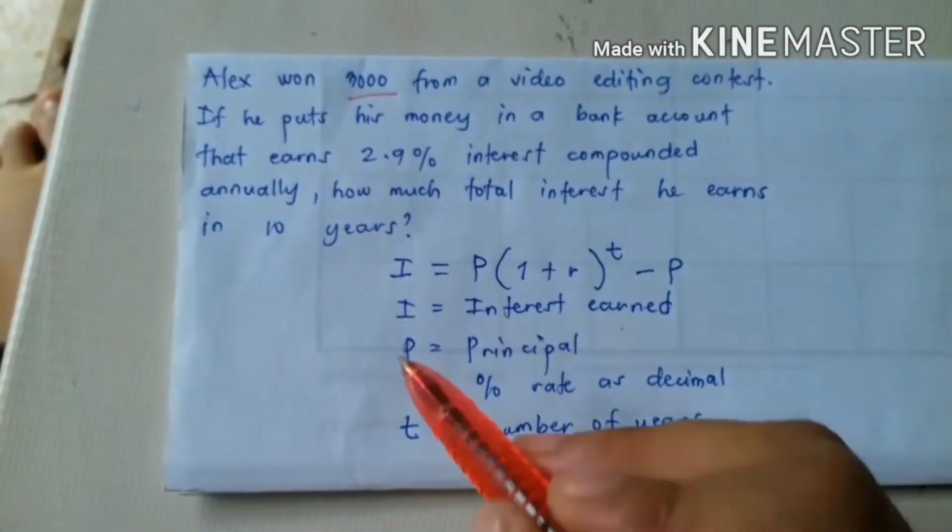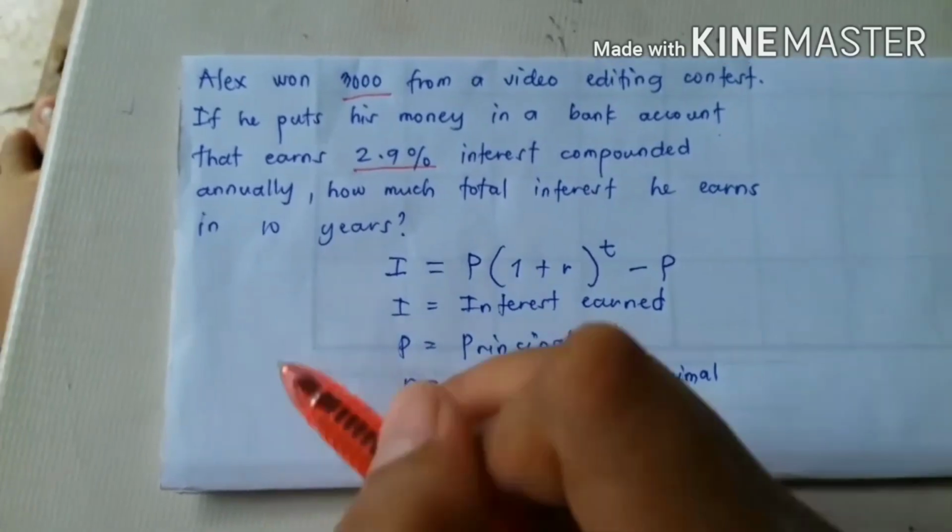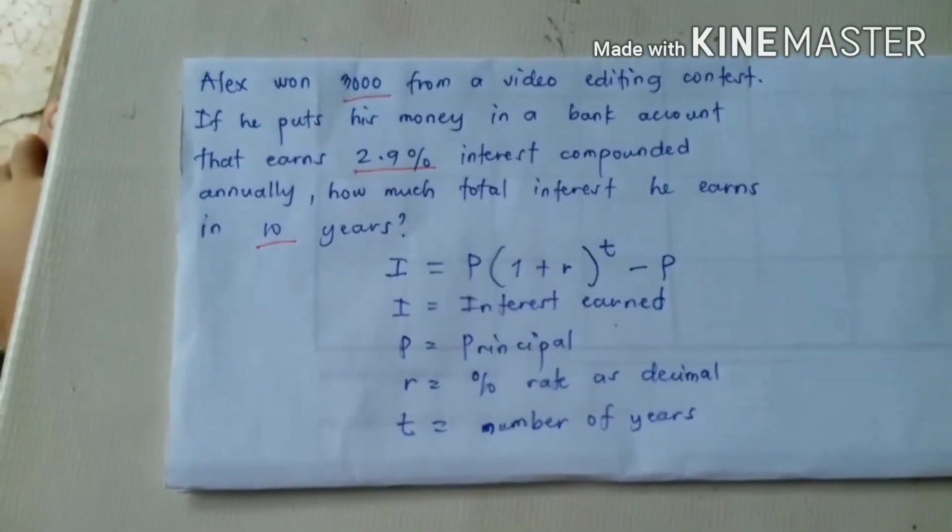$3,000 is the principal, 2.9% is the rate, 10 is the number of years.